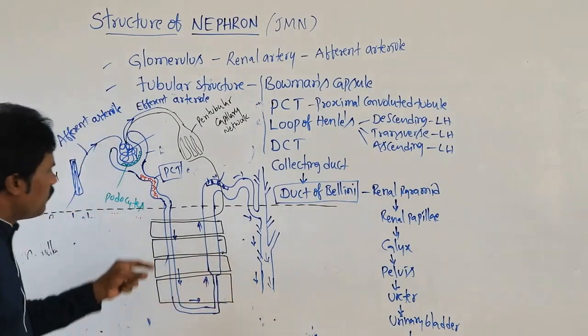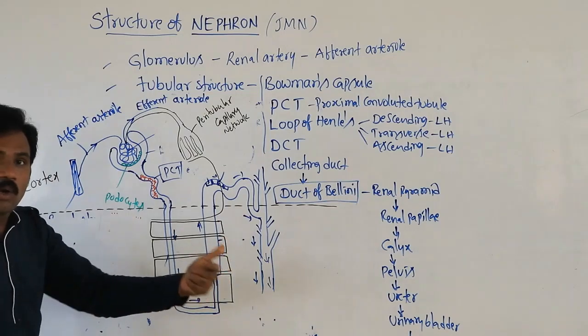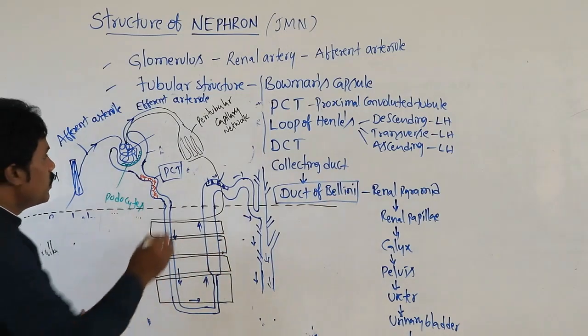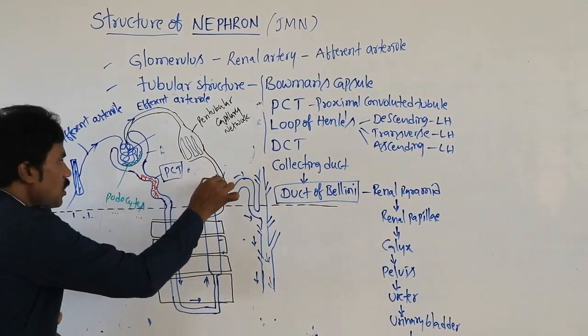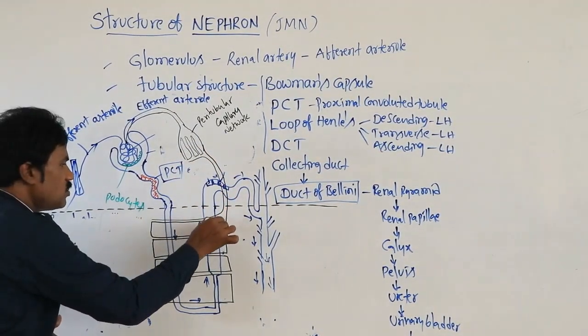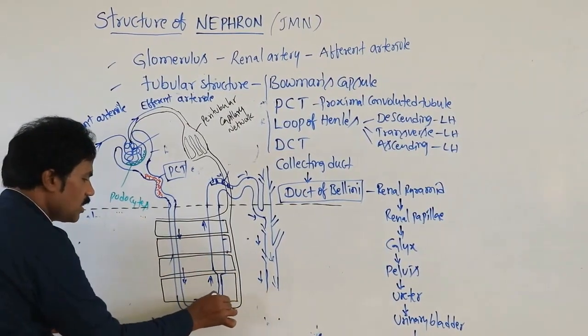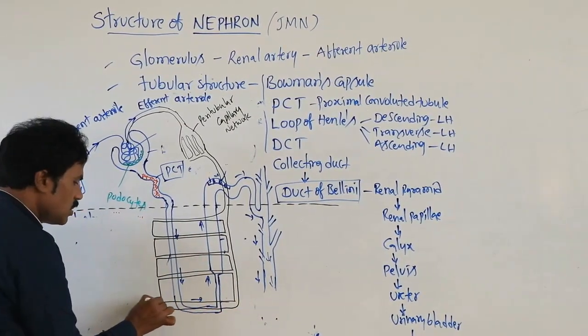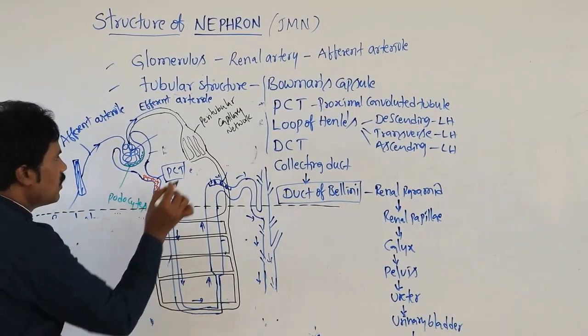Observe carefully. If you understand this one, then you will understand the further concepts very easily. It forms all along this; this is the descending blood vessel, then this is the transverse, and this is the ascending one.